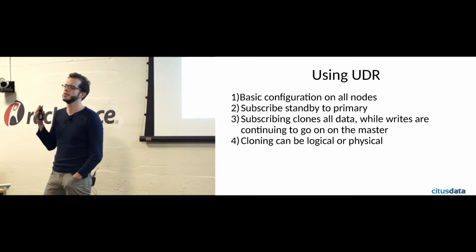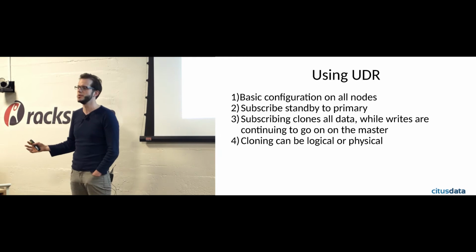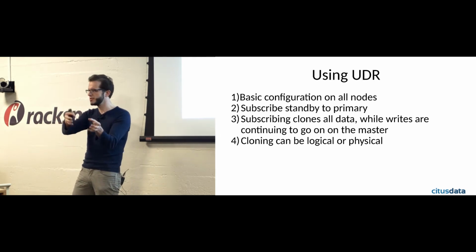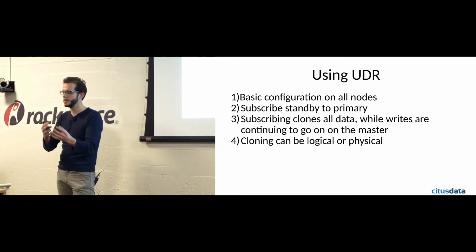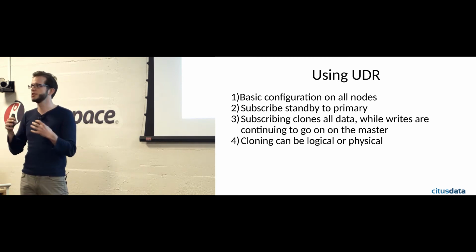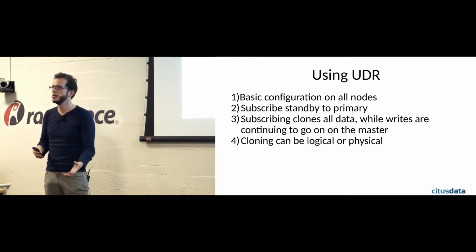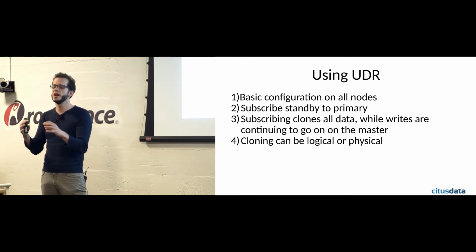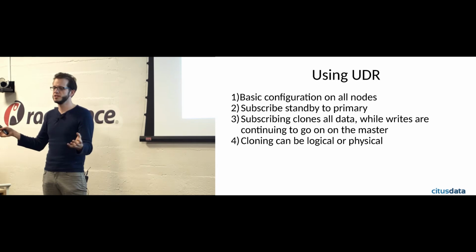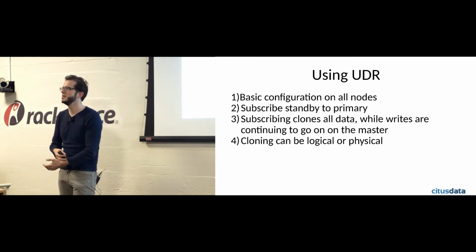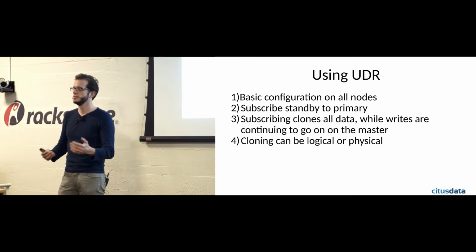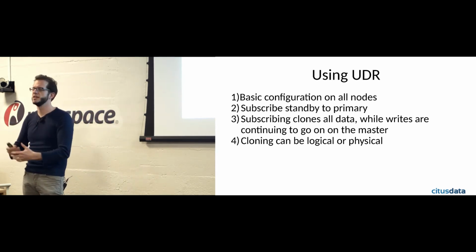Then you have to subscribe a node to the primary, which means it will get all the changes that have been made on the primary and replicate them. In the process of that subscription, it will clone all the existing data while the master is continuing to accept writes, and build up the existing data on the standby, and then at the end of that, it will catch up all the changes that have been made since.